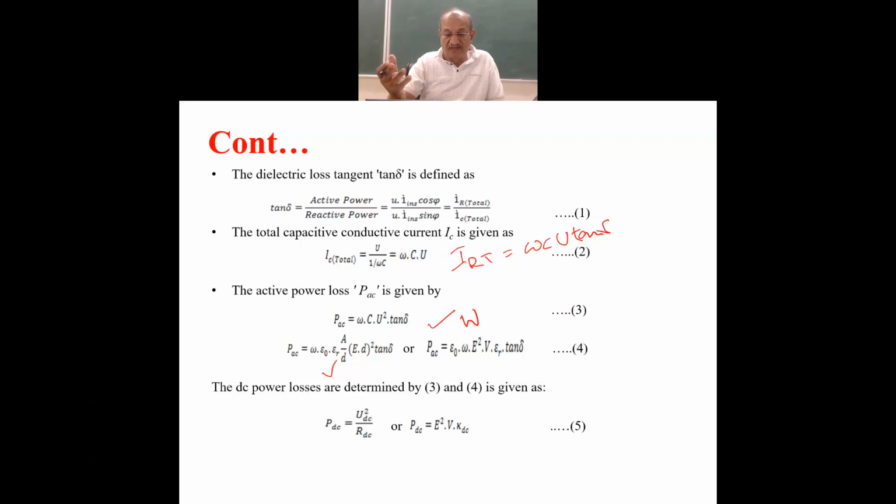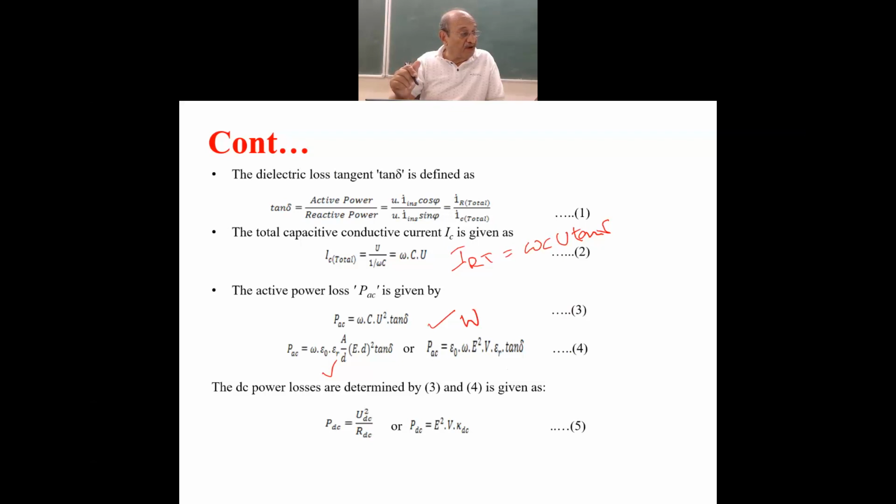That's just for concept. We all know very well that the uniform field in practice does not exist. This relation has been derived just to understand that the active power losses in the dielectric are proportional to the volume of the dielectric under consideration.